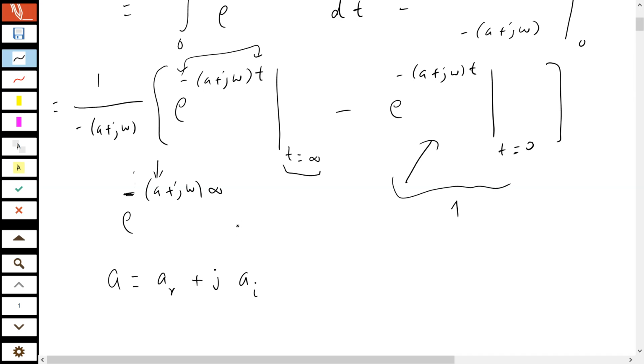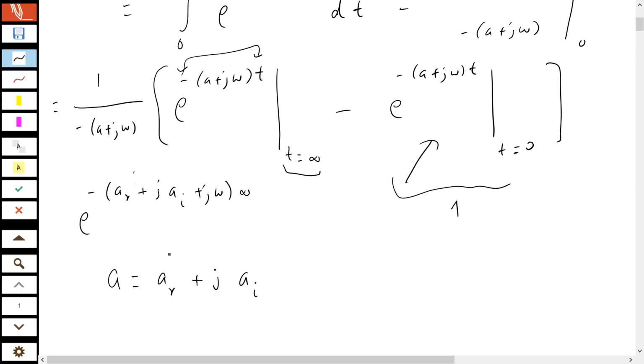So what do I get here? I'll have exponential of minus A real plus j A imaginary plus j omega, right? And I want this limit. Think of this as a limit.